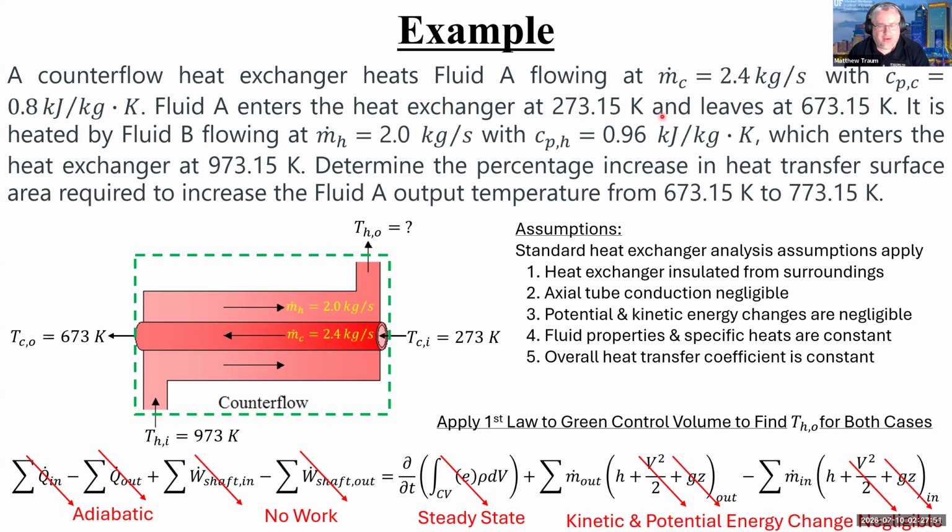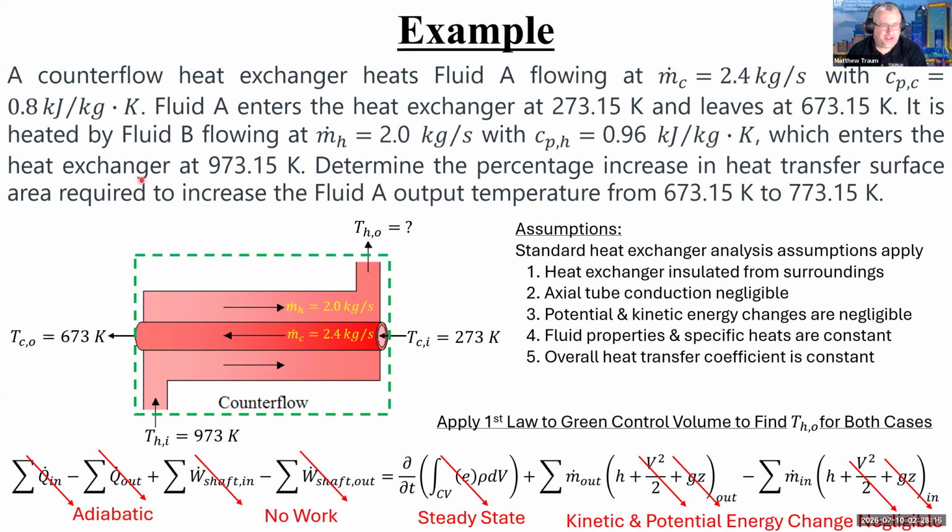Okay, so 273 Kelvin and leaves at 673 Kelvin, which I think is, what is that, 400 degrees Celsius? Yeah. Okay, so this cold fluid in the heat exchanger is heated by hot side fluid, fluid B, which is flowing at 2 kilograms per second with a specific heat of 0.96 kilojoules per kilogram Kelvin.